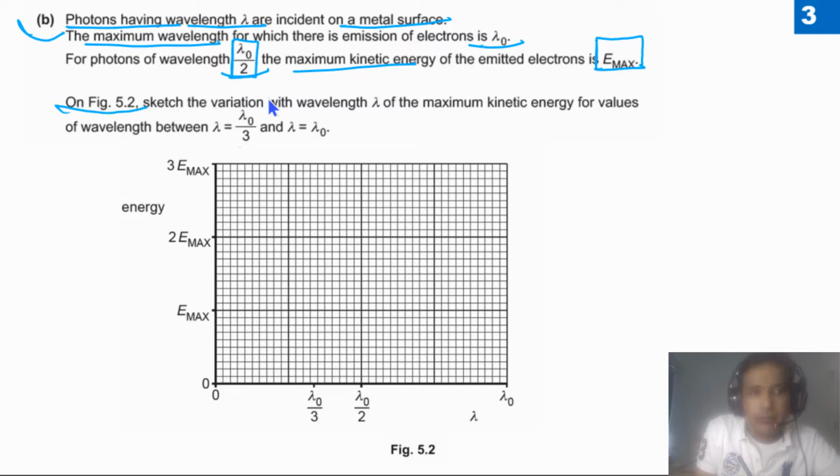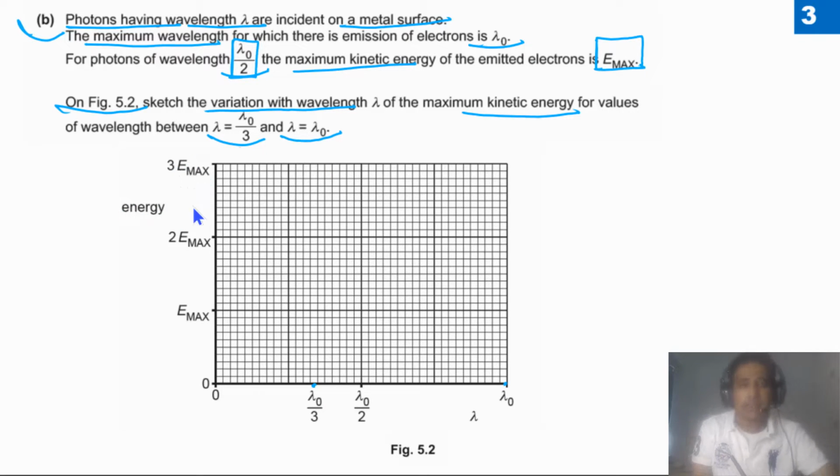On figure 5.2, sketch the variation with wavelength lambda of the maximum kinetic energy for values of wavelength between lambda is equal to lambda naught by 3 and lambda is equal to lambda naught, meaning between this point and this point. For this question we have Emax on the y-axis.